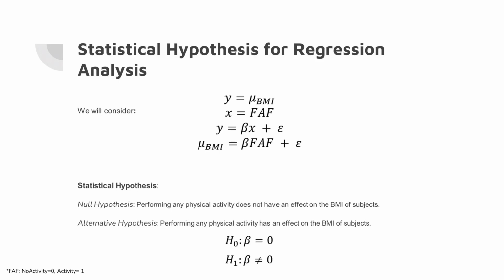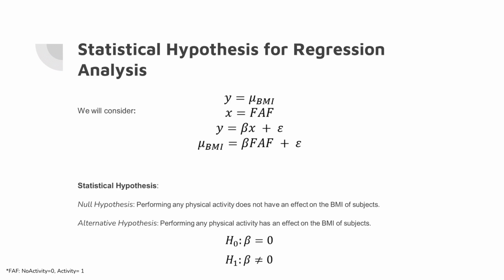Now, the statistical hypothesis is modified for a regression analysis. First, we will consider the y as the average of BMI, x as the physical activity per week, 0 or 1. y is the function beta x plus epsilon, and we assume that the mu BMI is going to be equal to beta multiplying the physical activity per week plus epsilon.